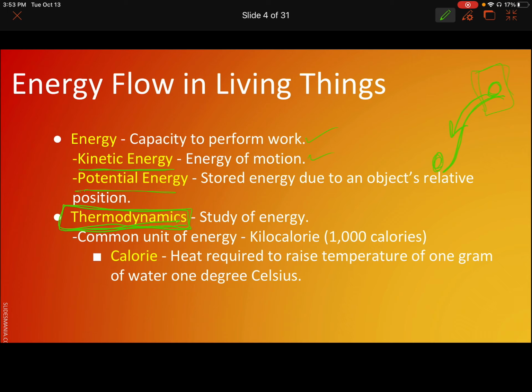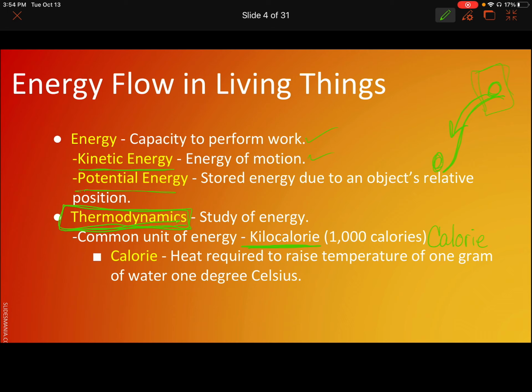A common unit of energy that we'll be using is the kilocalorie, and that is the calorie that we normally use on a daily basis. If you look at the bag of chips you have, and it says it's 100 calories, it is actually 100,000 calories.